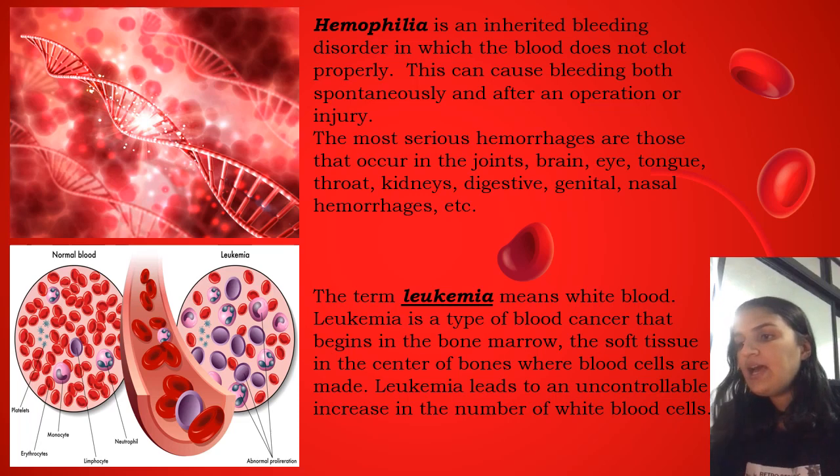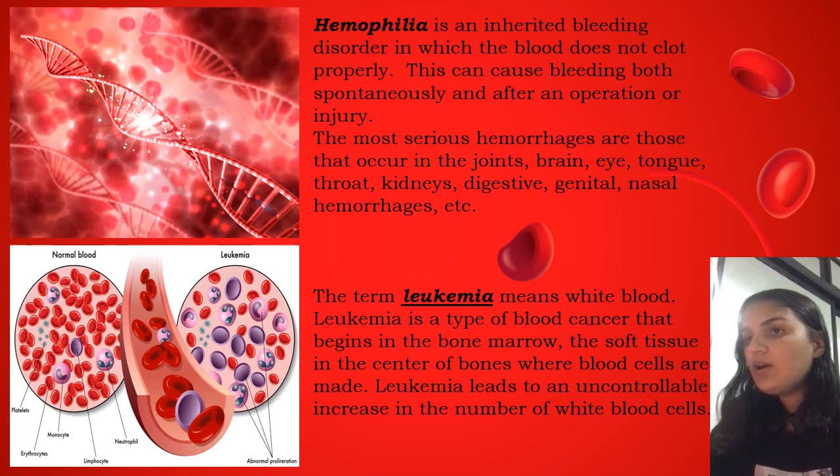Hemophilia is an inherited bleeding disorder in which the blood does not clot properly. This can cause bleeding both spontaneously and after operations or injuries.